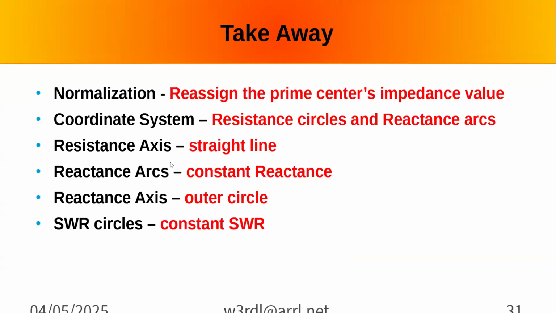Okay, so we talked about how to normalize what the coordinate system was with circles and arcs. The only straight line is the resistance axis, the outer circle is a constant reactance axis. And you can draw SWR circles, which are a constant SWR. So any place that intersects that SWR circle, that's what the SWR is.